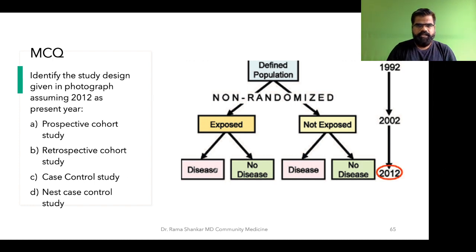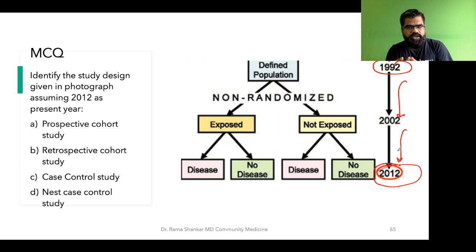Similar picture, but in this question they say the present year is 2012, but the study starts from 1992, reaches 2002, and then moves to 2012. So you are in 2012, but you are going back in time and trying to move forward, trying to know what happened, how they were exposed, not exposed, and how they developed disease, did not develop disease.